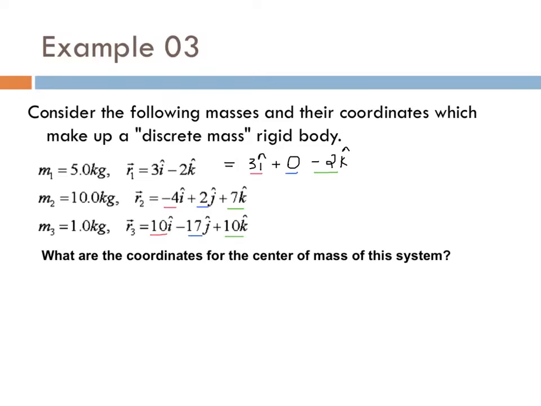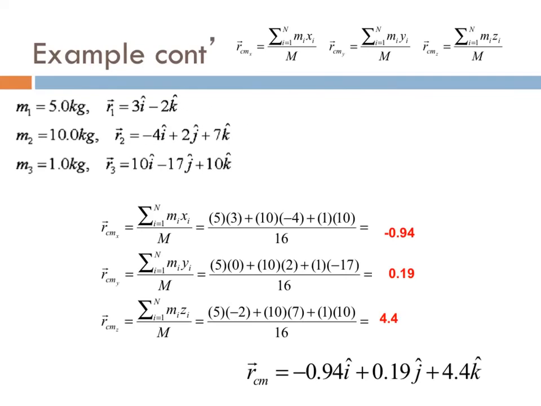So if you're asked to find the center of mass of this system, then it simply follows as the position of the center of mass in the x direction. And again, for the x direction, we're only using the x coordinate system. So 3, -4, and 10.